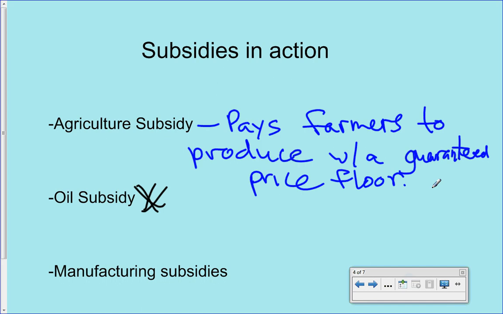By saying that the price will never fall below, say, $3.50, the local farmer will make sure they stay in business, and they know that they can continue having an income. An easier example is the manufacturing subsidy, which we've seen more and more in the last couple of years.